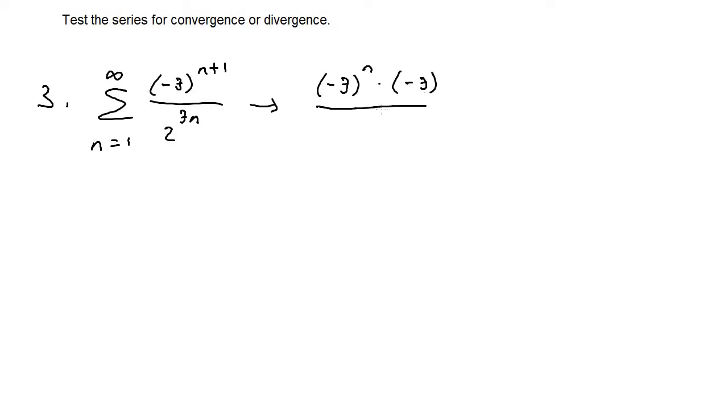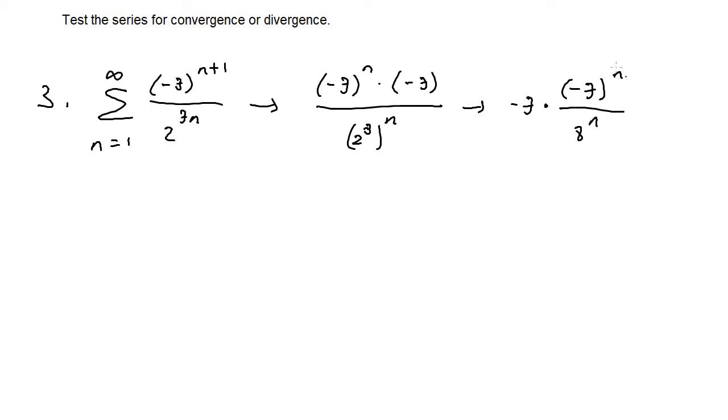And then over 2 to the 3n, I can rewrite it as 2 cubed to the n power, because when you have a power to a power, you multiply. So now I'll bring that negative 3 outside of the fraction and rewrite it as negative 3 times, up top we have negative 3 to the n, over 2 cubed, which is 8, so 8 to the n.